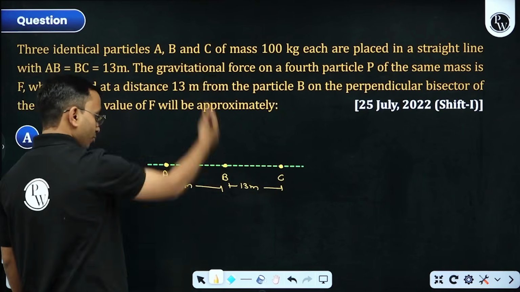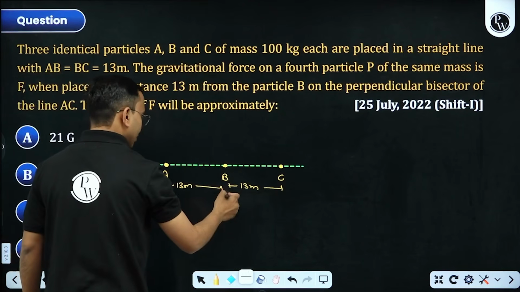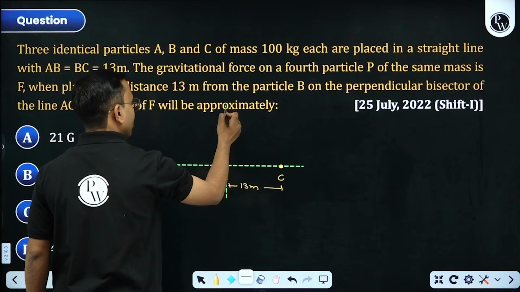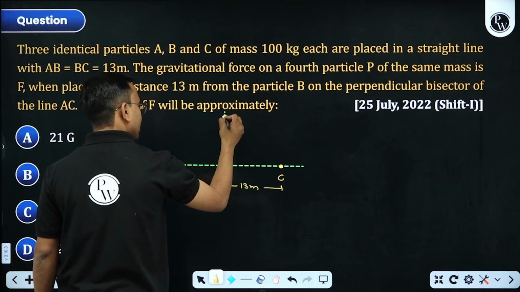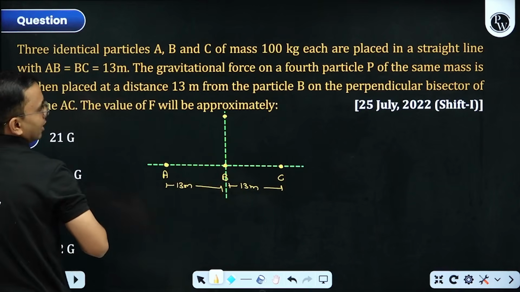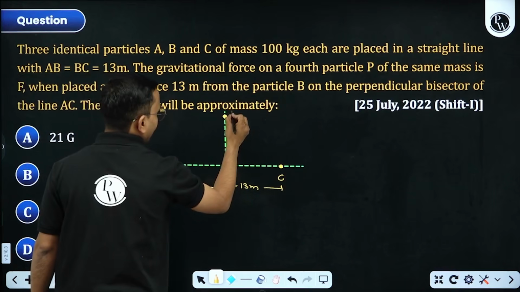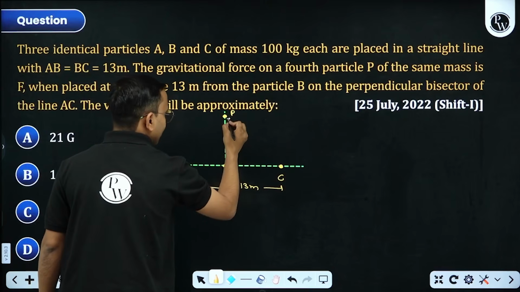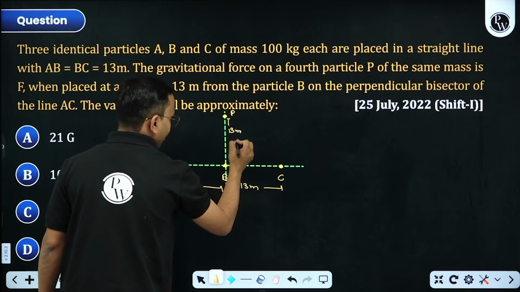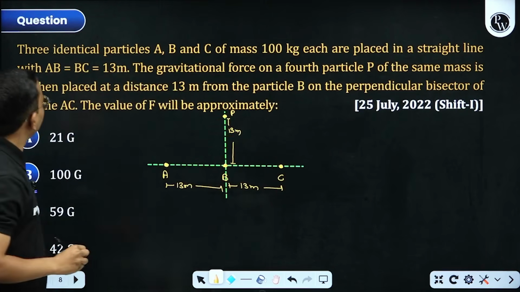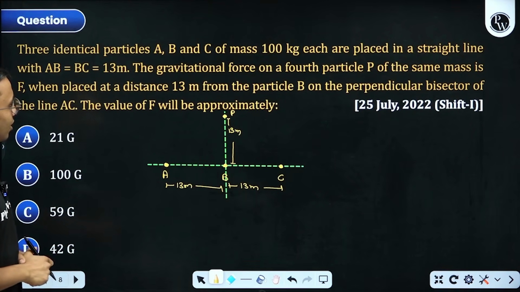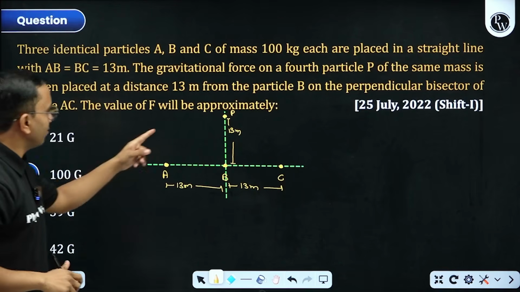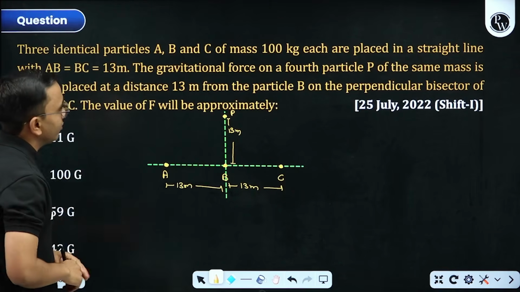This is the perpendicular bisector line, and I'm putting the fourth particle, let us take that as my particle P. This distance is 13 meter. The value of F will approximately be, what is F? The gravitational force on the fourth particle.